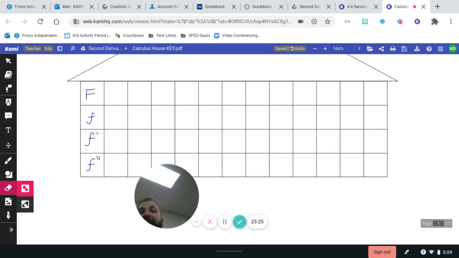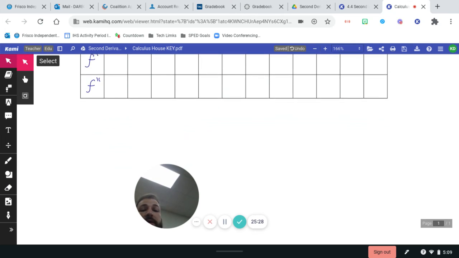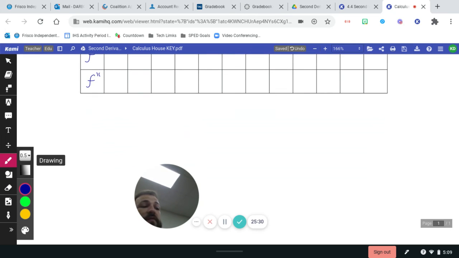Okay, we want to add down here a little key so that we don't forget what everything represents. Capital F is the integral, which some of y'all have asked already. Integrals is chapter 5. We're going to talk about it in the spring. F original, not prime, is our function.